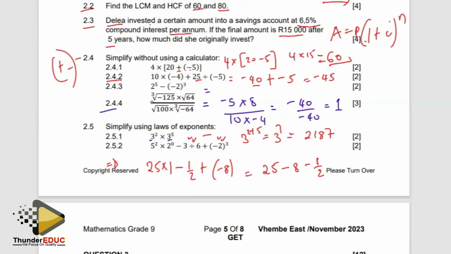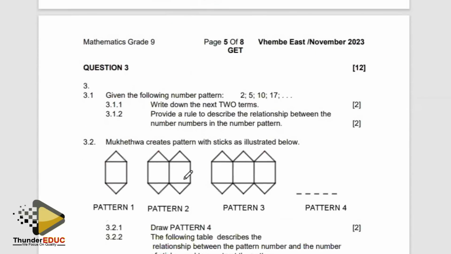So we know that 25 minus 8, that gives us 17. But then the 17, if we subtract a half, we get 16.5, or we get 33 over 2. Whichever way you want to express it, but I shall give you marks for simplifying at least this. Remember, it's just a 2-mark question.